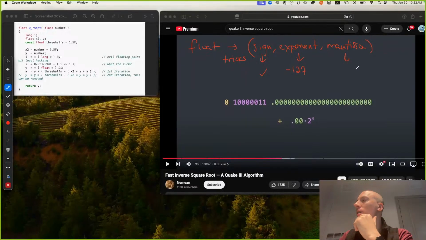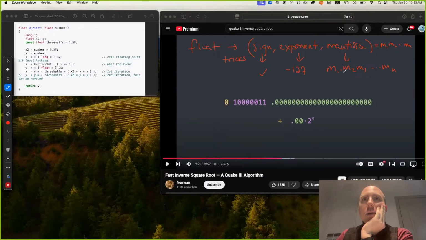And then for the mantissa, if you think of it as M1, M2 to Mn, we treat the mantissa as M1 dot M2, M3, Mn. So this is the first trick.